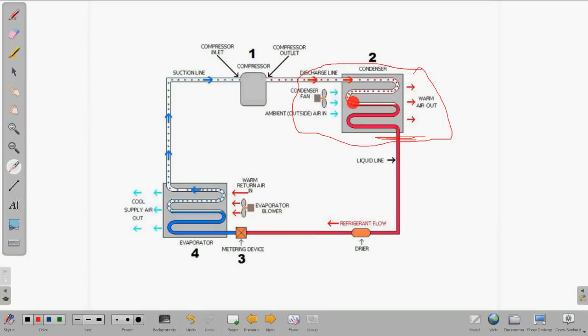So all the heat that was gathered here in the evaporator coil, boiling it off, is rejected here at the condenser coil. And again, this condenser coil is designed so the last part of the condenser coil down here, we are now starting to subcool this liquid to send it back to the metering device. So that is the refrigeration process in a nutshell.